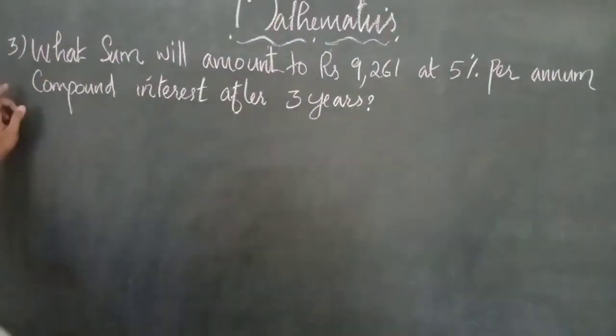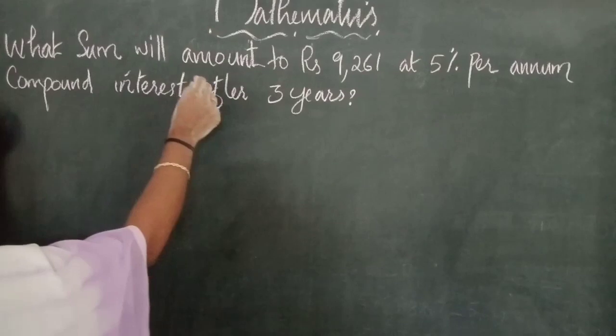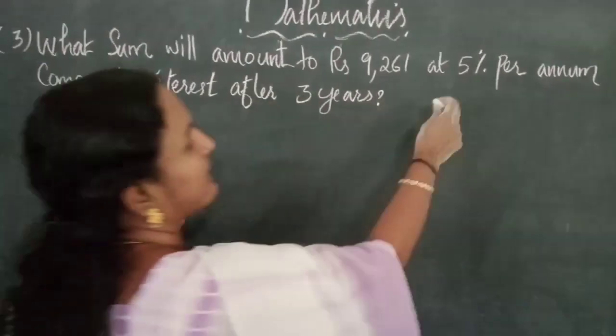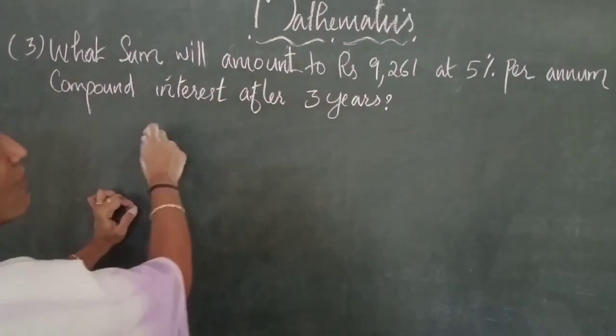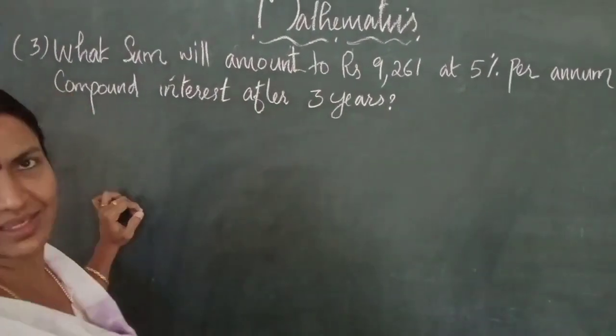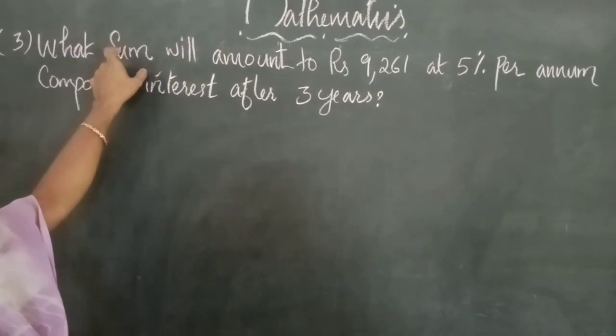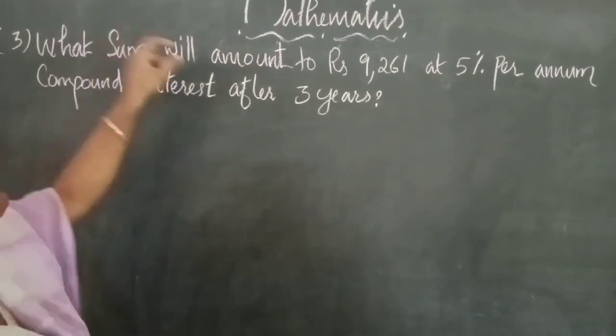Next, question number 3. What sum will amount to rupees 9,261 at 5% per annum compound interest after 3 years? You have to find the sum. Sum means P, principal. What is given?